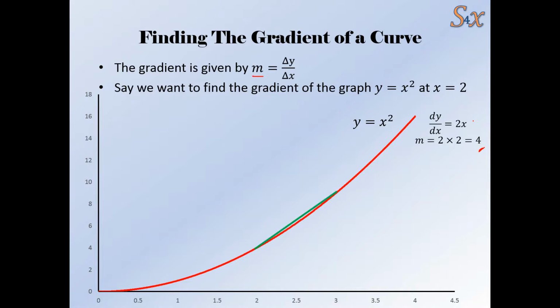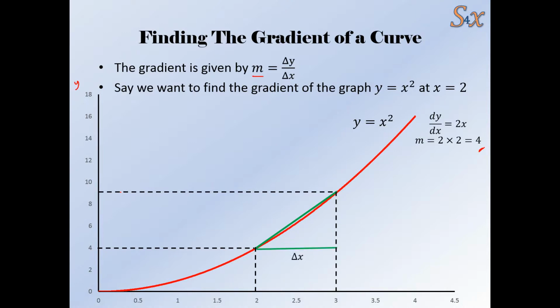Okay, let's draw a line between 2 and 3. Okay, so it's a straight line, so it doesn't quite follow the curve between 2 and 3. And let's put some markers on for where that goes. So x equals 2, y equals 4, yeah, because it's a graph of x squared. And x equals 3, y equals 9. And let's mark on delta x and delta y and think about how big these are.